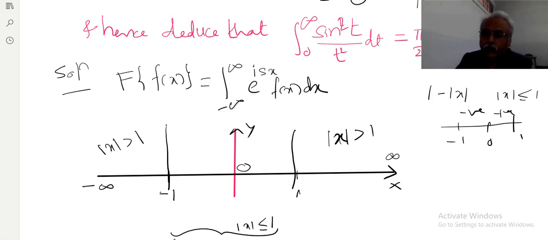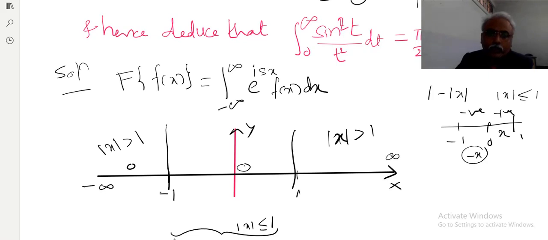What is the value of mod x in the negative part? The value of mod x is minus x whenever x is negative. So I have to replace it by minus x in this part. And whenever x is positive, this is plus x. So here I have to write 0 outside the range.